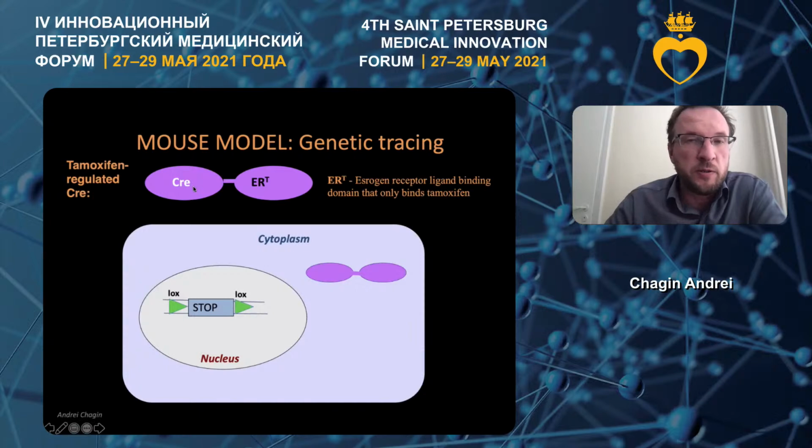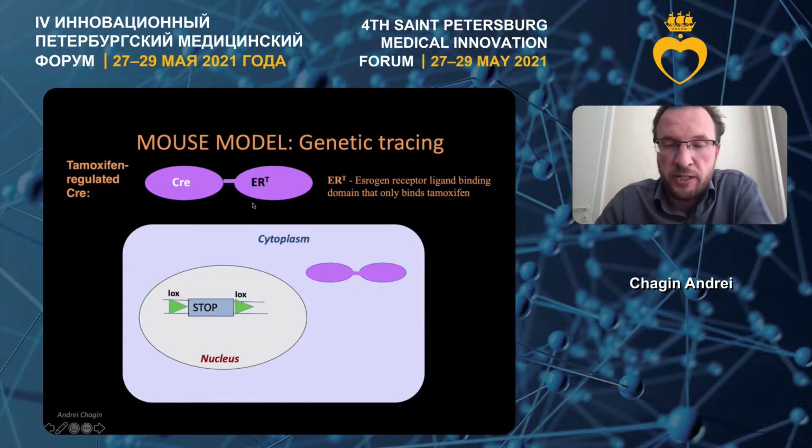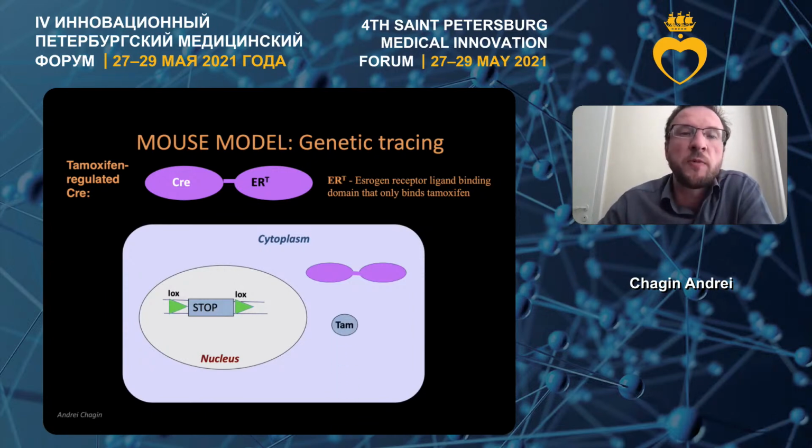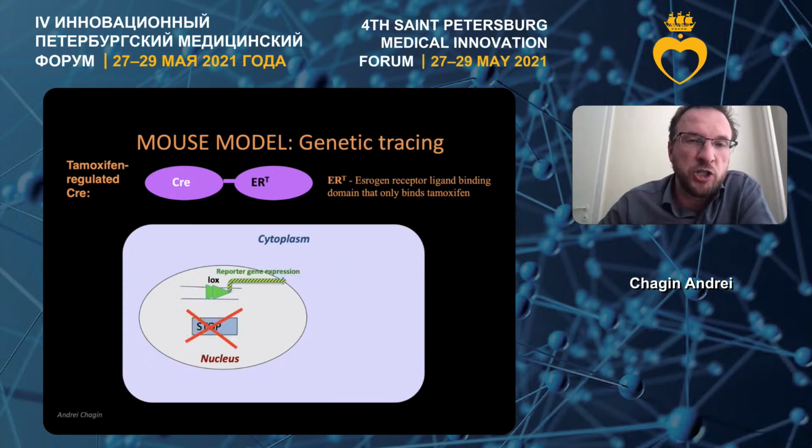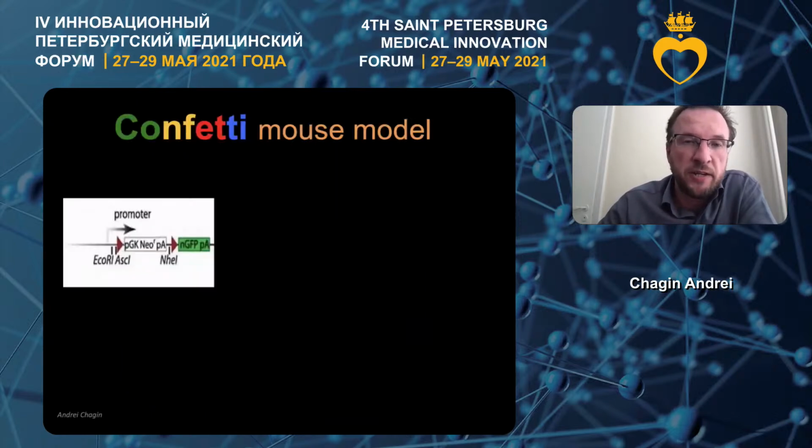So, you're already familiar with the Cre-ERT system, right? We inject tamoxifen, we get our gene activated, and the reporter gene usually looks like this. So we have LOXP sites surrounding a stop cassette and some fluorescent protein.